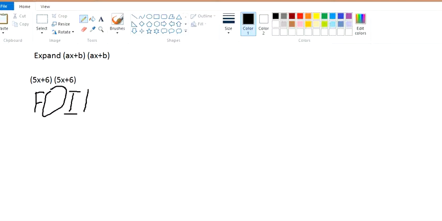Sorry for that O. So with FOIL, first we multiply the fronts to get 25x squared, and then outsides 30x.